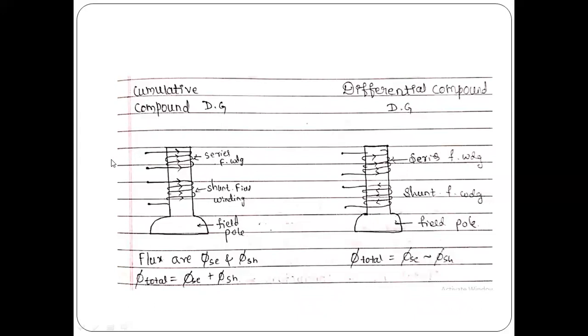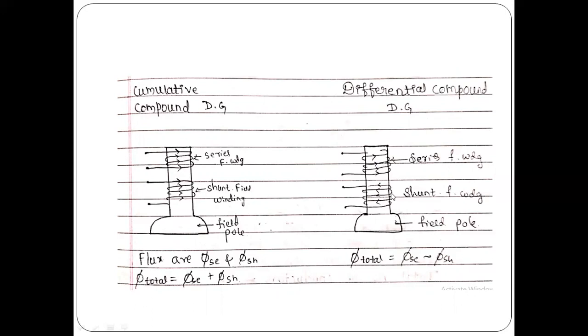Whenever DC excitation is given and current flows through that, flux will be generated. If the flux generated by these two is additive in nature, that is called cumulative. So the total flux will be adding in nature. Similarly, for the differential, whenever current flows through the series winding, flux will be generated, and whenever current flows through the shunt field winding, flux will be generated.